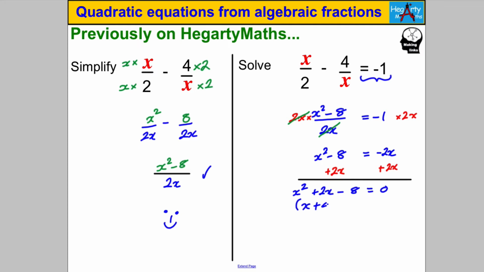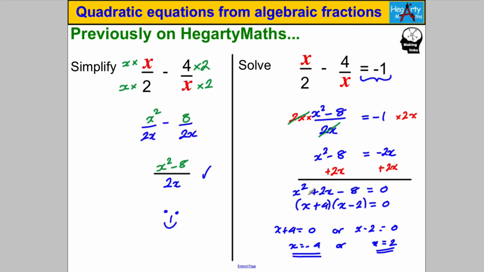Here I can factorize this in the following way. So I'm going to get either x add 4 is equal to 0, or x subtract 2 is equal to 0, and therefore x is -4 is one answer, or x is +2 is another answer. And there you go, I've solved a quadratic equation that came from an algebraic fraction.